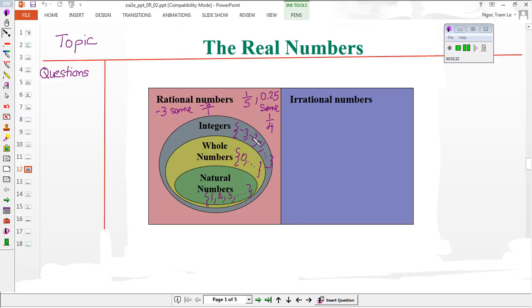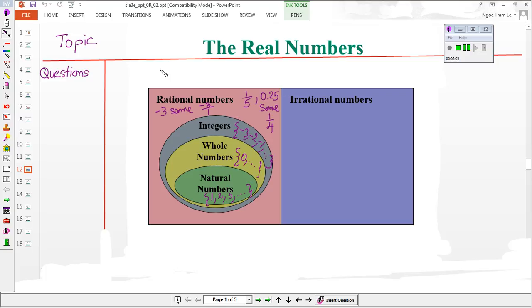Whole numbers is a subset of integers. So when I say subset, it means all the numbers in, for example, the natural numbers belong to the set of whole numbers, and then all the numbers in the set of whole numbers belong to the set of integers, and the set of integers is a subset of rational numbers.